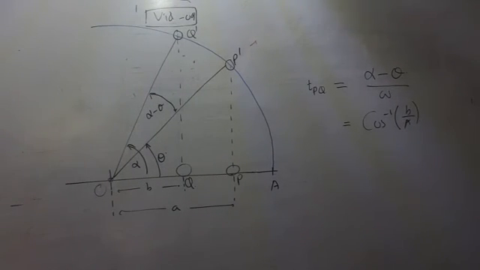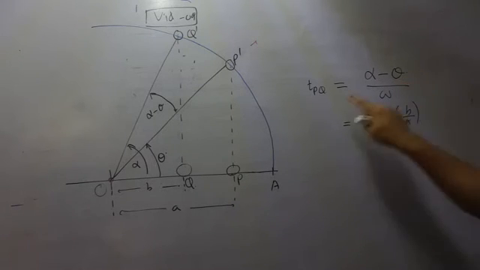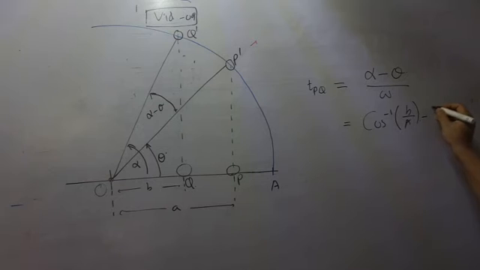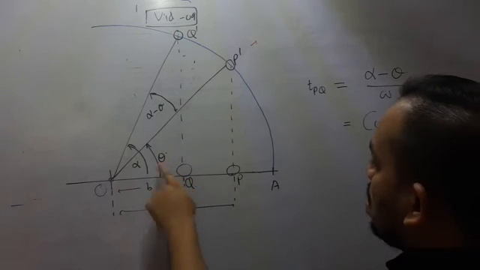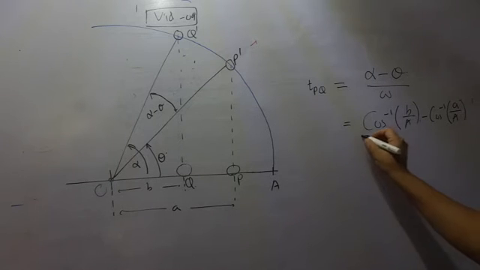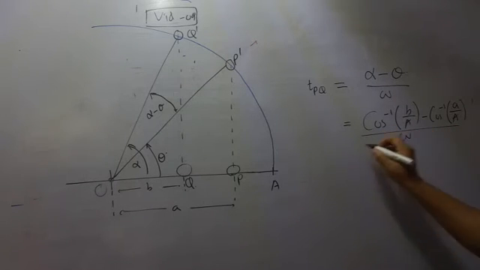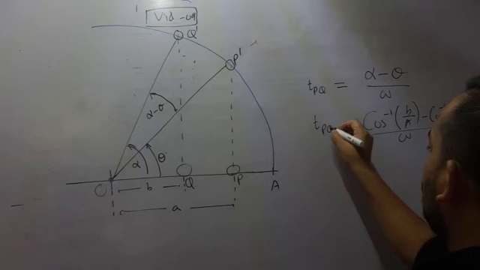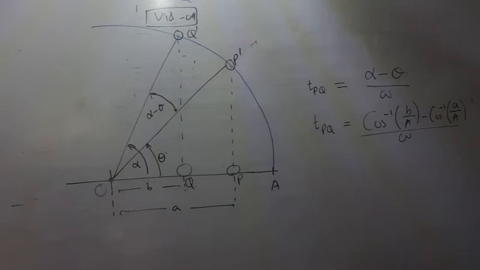Right. Then what is theta? Theta is minus cosine inverse of small a divided by capital A. So this divided by omega gives you the time for the particle to move from P to Q.